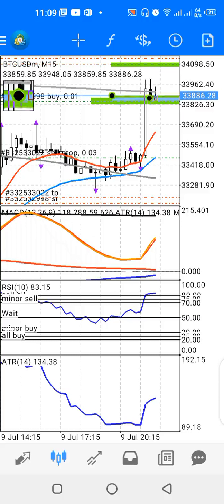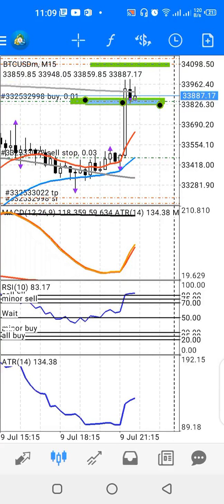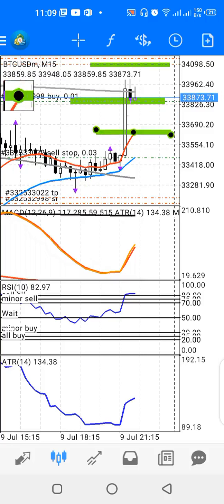As price is about this point, I expect it to go up, but if it turns down and then goes up, that's a range. A range is a situation where price is neither going up nor going down, but just moving up and down within a small space.